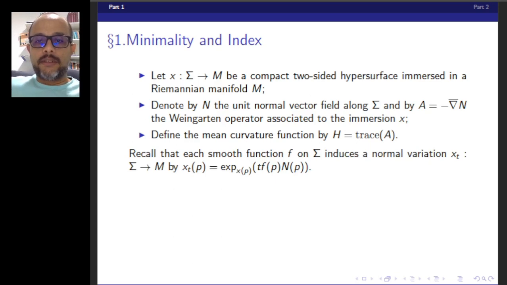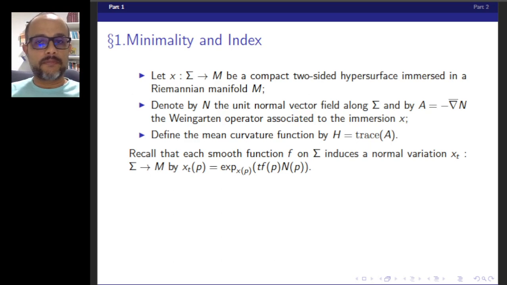Next, recall that each smooth function f on sigma induces a normal variation, which I will denote by X_t, and this variation has an explicit formula. It is given by the exponential map of M, by this expression in the slide.